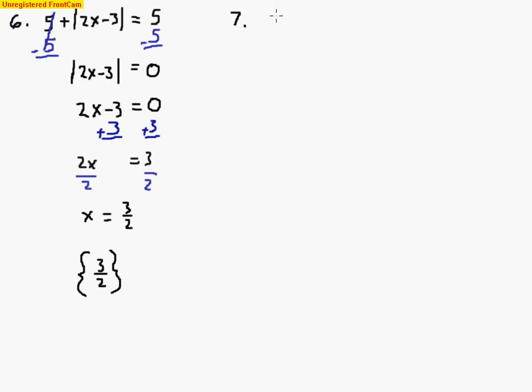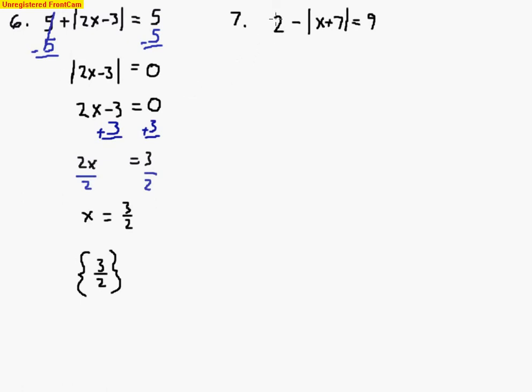Let's say we had 2, then a minus sign, parenthesis, absolute value of x plus 7, and we'll say it equals 9. So again, we've got the situation where we need to clear the stuff that's being done to the absolute value. So we're going to move this 2 to the other side.